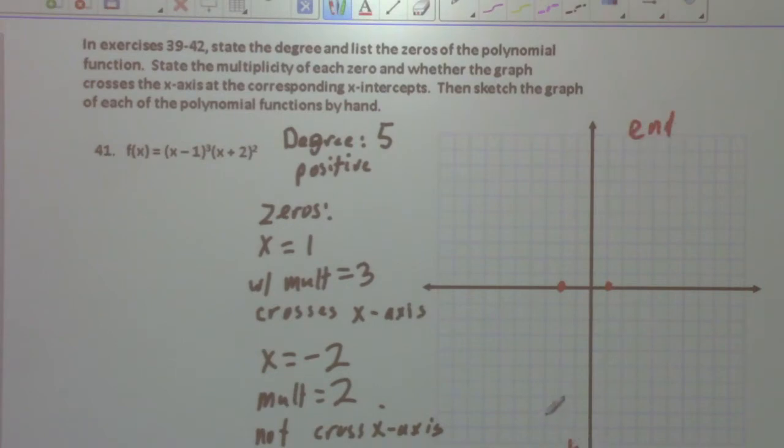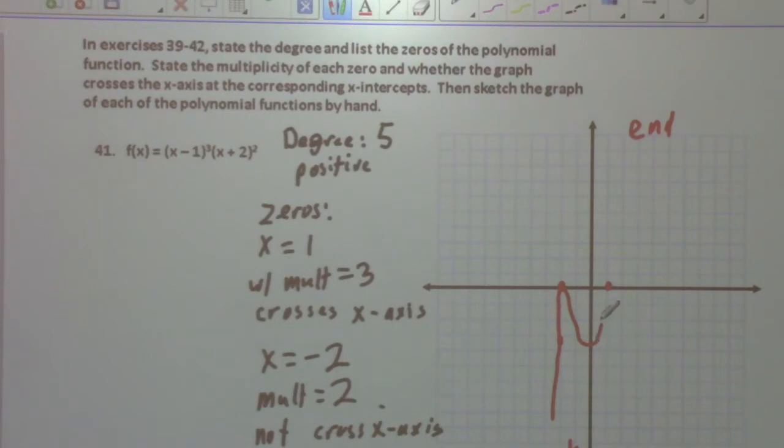So we're going to come here, and as we approach x equals -2, is that an even or odd multiplicity? Even. So are we going to cross? No, we're not going to cross. So we're going to come up here, and then go over here.